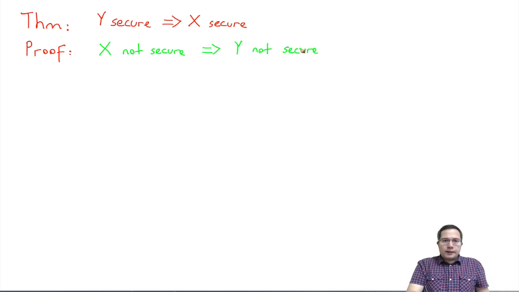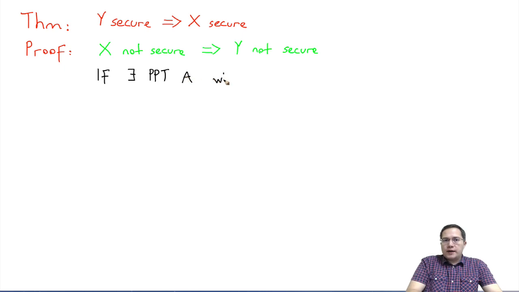And the way we are going to do it is as follows. We will show that if there exists a probabilistic polynomial time adversary, let's say A, who breaks X. Now, what does breaking mean here?